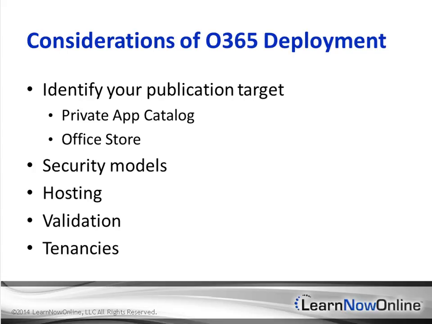Validation. This is going to be in two places, making sure that you're actually doing your testing and validating that the current version of your app meets all of your needs. You're pushing this out, it's going to be available outside your organization, so make sure that you've got all of your security locked down, that the model is correct, and that the logic itself behaves in all the different areas.